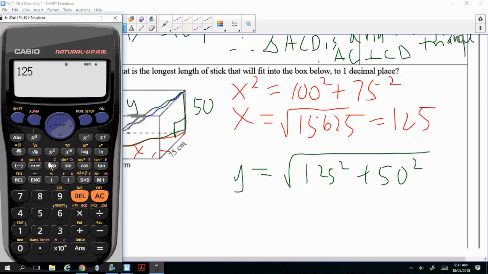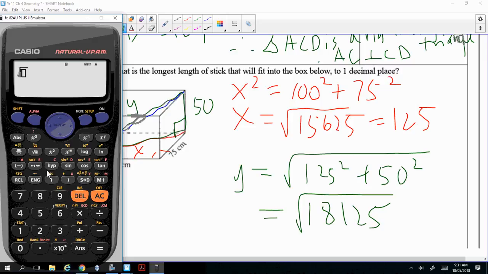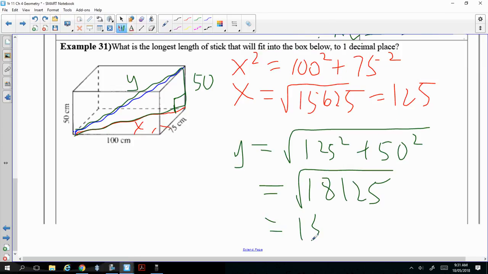They all have 125 at the end. So you just square root that. You will get, correct to one decimal place, 134.6 square centimeters. Done.